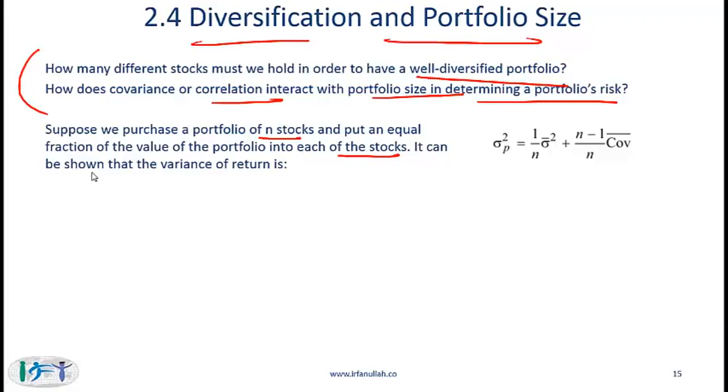It can be shown that the variance of returns for the overall portfolio equals this expression. And you need to understand all the terms over here. What does N mean? It is the number of stocks in your portfolio. What does this term mean? Sigma bar squared.